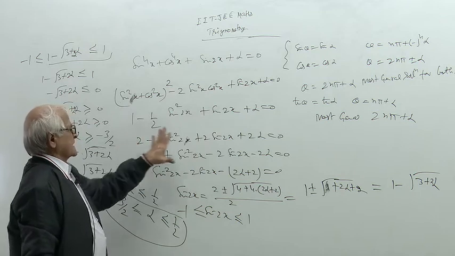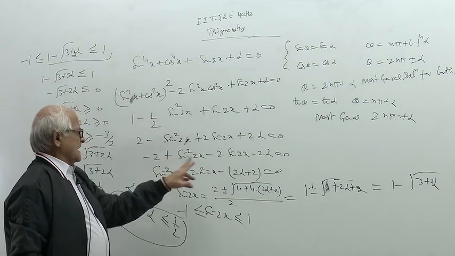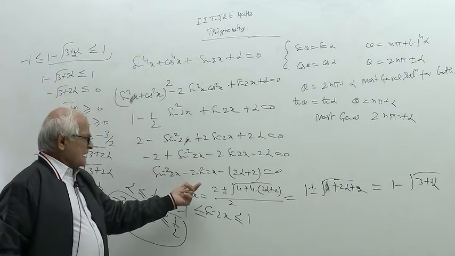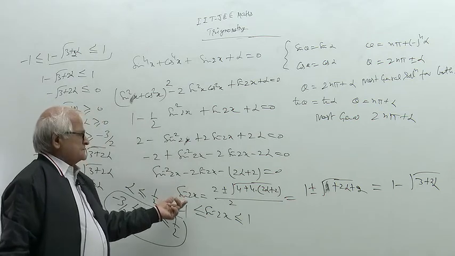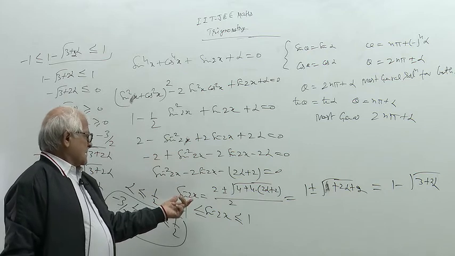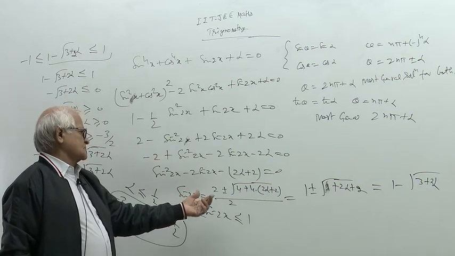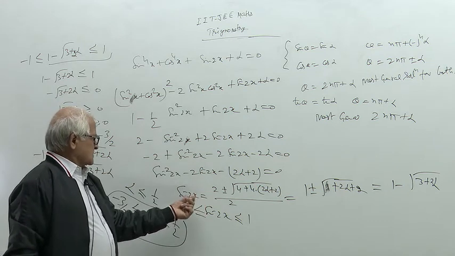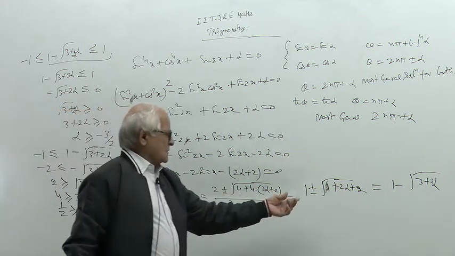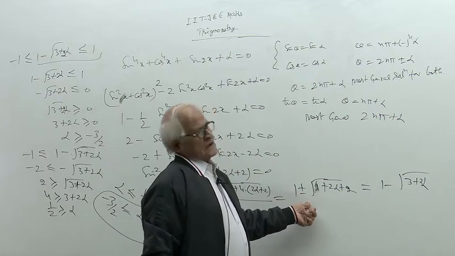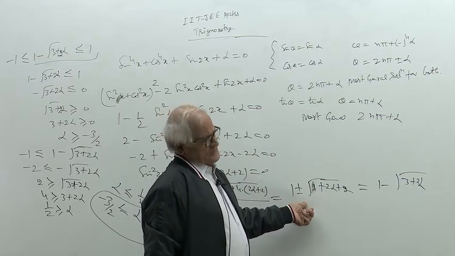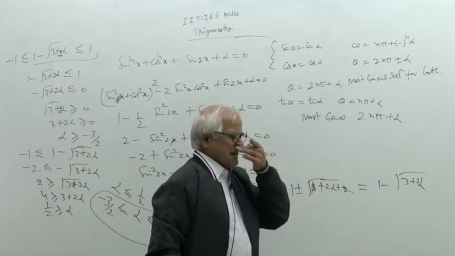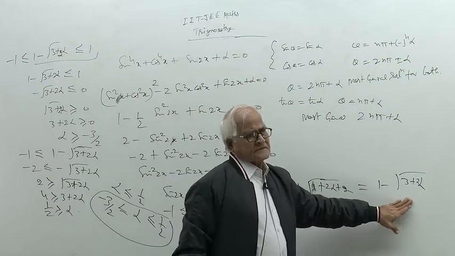We take the LCM, we have this. Now you see here, sin 2x is equal to this. The plus value gives greater than 1, therefore we leave the plus sign and take only the minus sign. You have this.